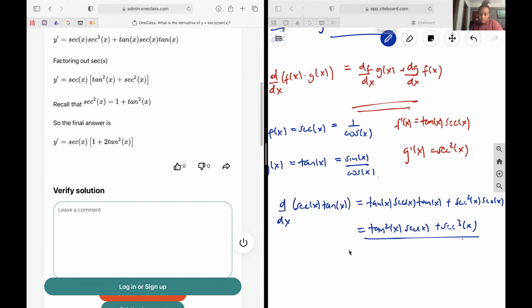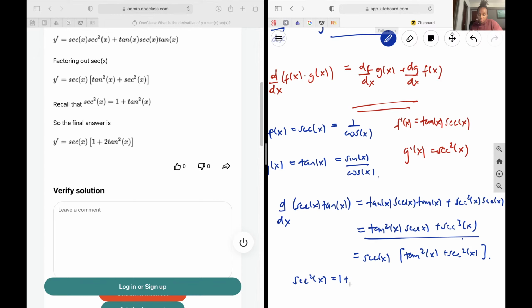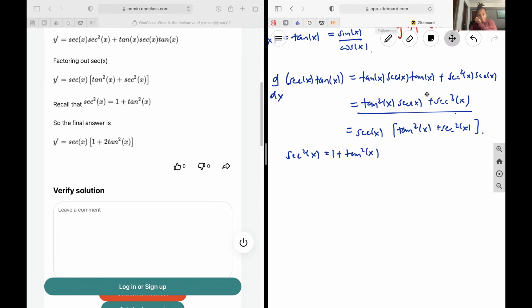Correction. So let's factor out a secant x. And I get tan squared x plus secant squared x. And then I just need to note that secant squared x is equal to 1 plus tan squared x, which is an identity, to just help simplify this a little bit more.